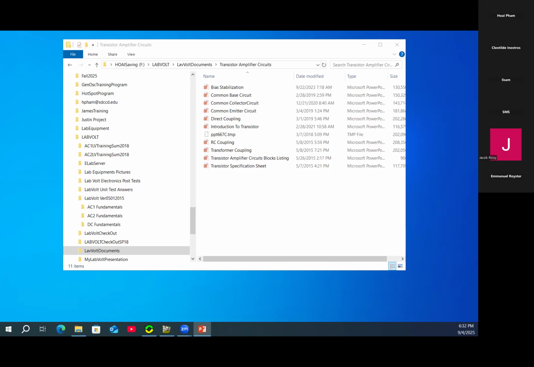I don't care about that. I care about this one: locate the circuit block and connect the circuit. That's what we want. That means doing the lab. They're telling you whatever. Remove.